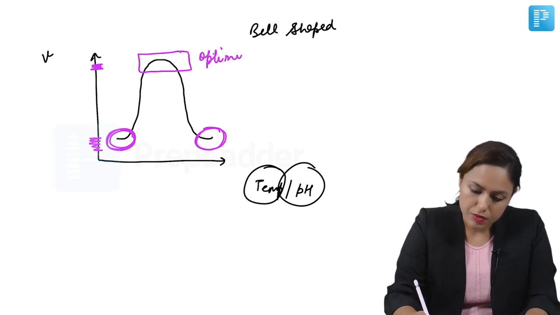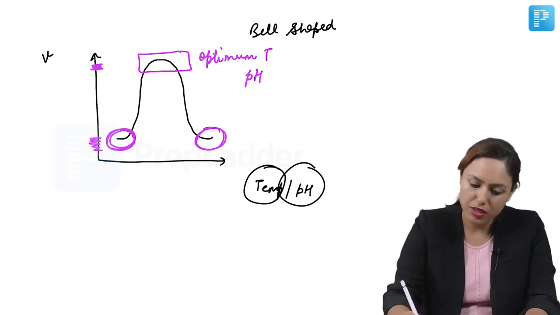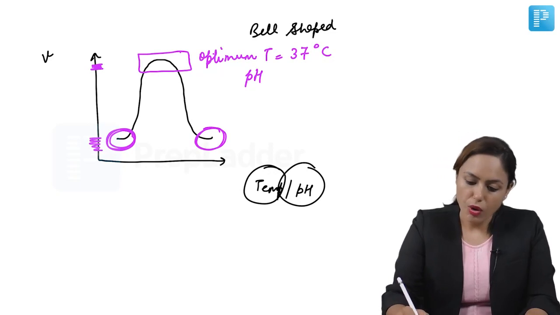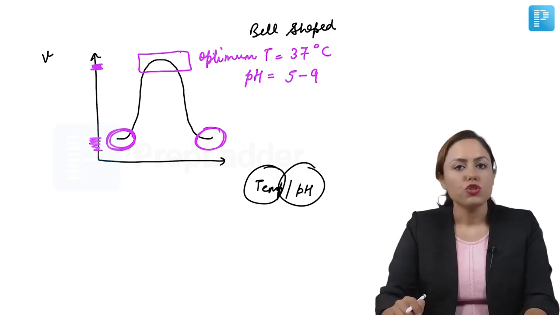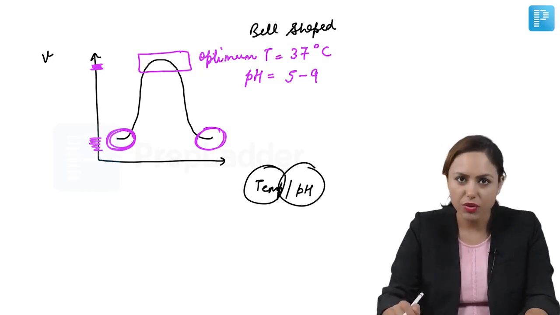This is called optimum temperature and optimum pH. Optimum temperature for human enzymes, we know that it is 37 degrees Celsius, and optimum pH is between 5 to 9, right? So velocity is maximum at optimum temperature and pH, right?